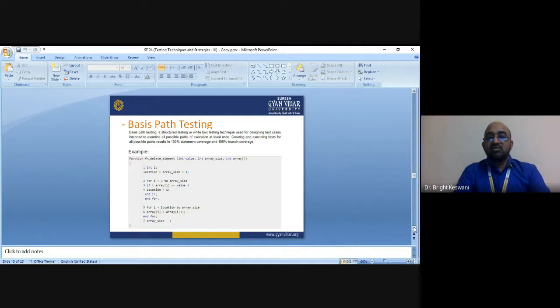Creating and executing tests for all possible paths results in 100% statement coverage and 100% branch coverage. So this is the general phenomenon. When you are conducting basis path testing, you should execute all statements at least once, which is the primary reason for basis path testing.